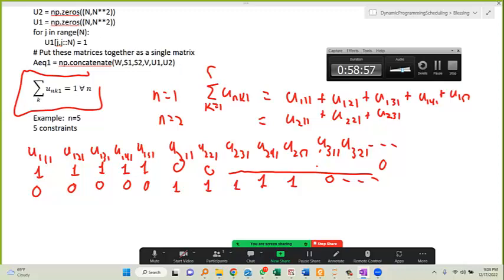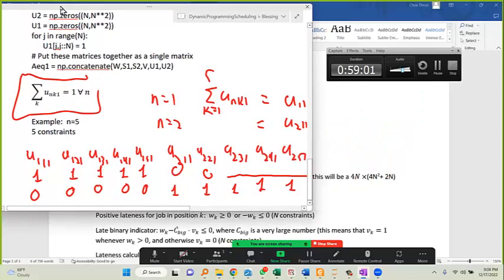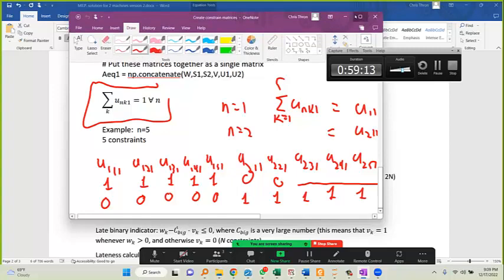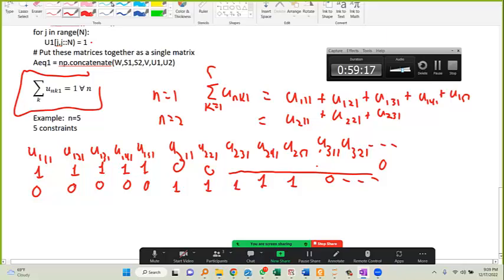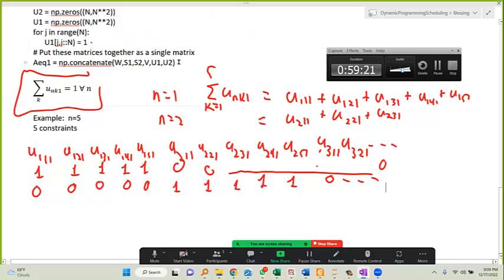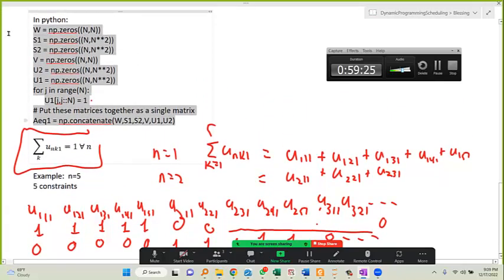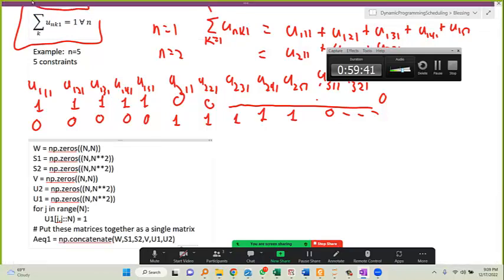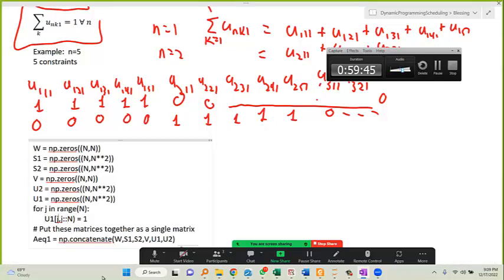Here we had 'for j in range of n', and you are picking it after the fifth. So that is going to change. That's the one that will change.